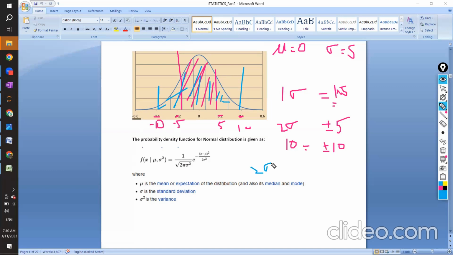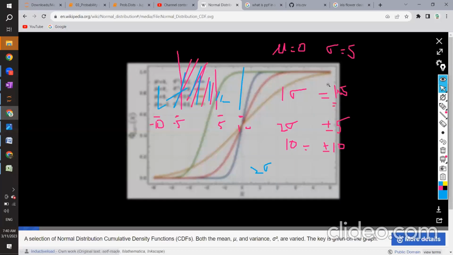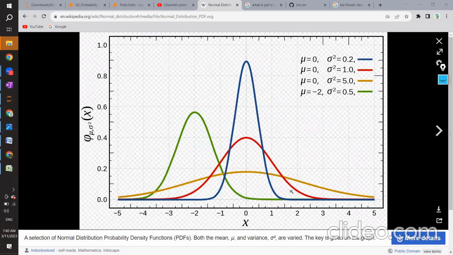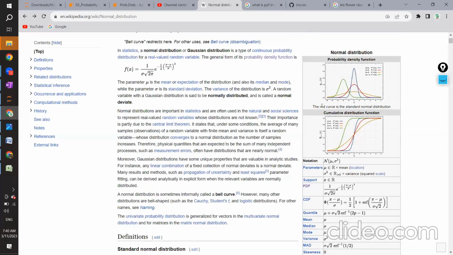This is an extremely important point, because on this the whole standard normal distribution which we have seen here is based. You have this red line, which is a standard normal distribution, a special case of normal distribution which we'll study, but for that you need to understand this concept.